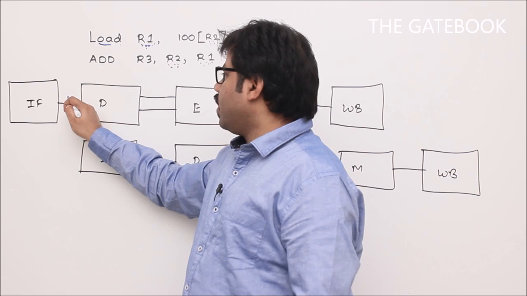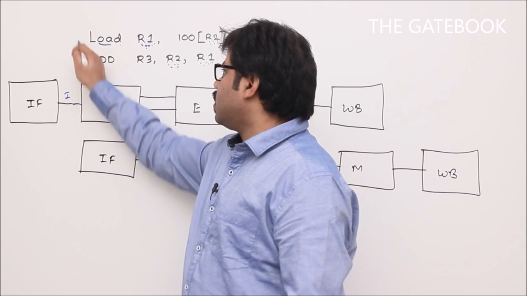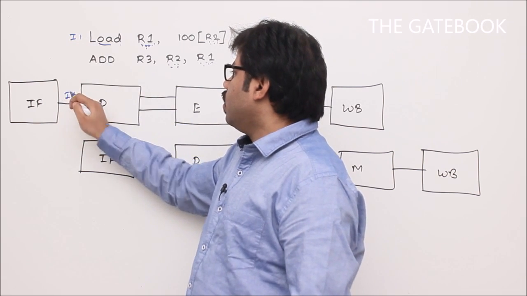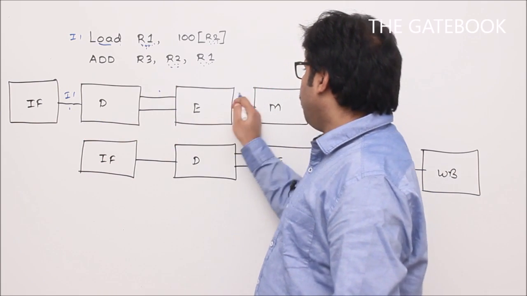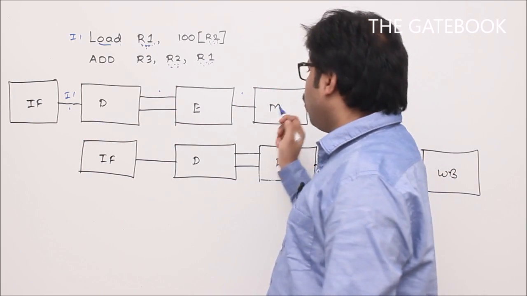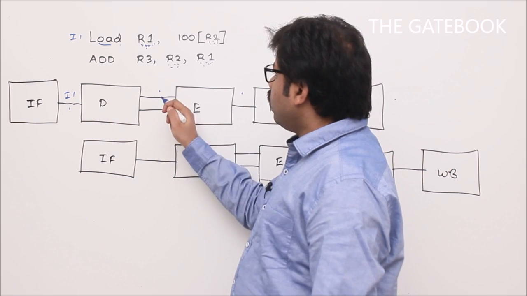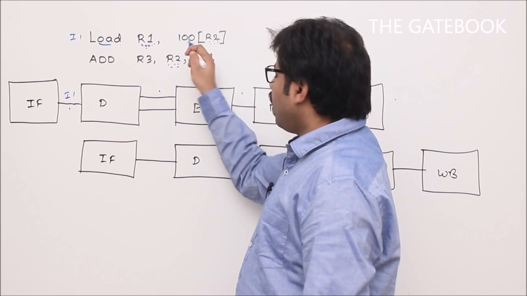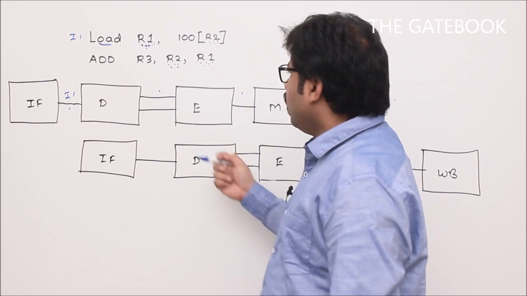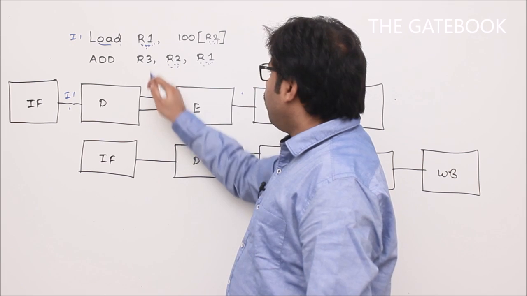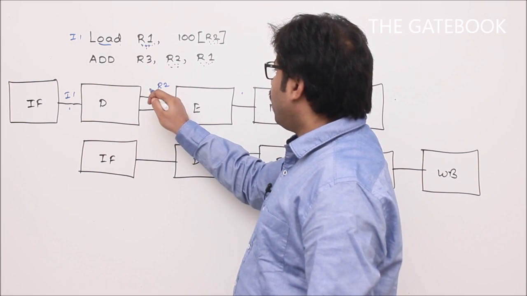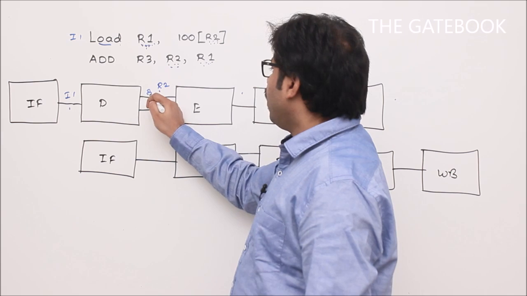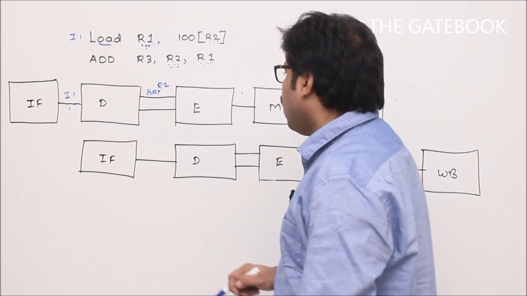So the instruction will be fetched here, right? You will be getting that instruction. Let us say I1 here. I am not showing the buffers, but you can assume that there is a buffer here, 4 buffers in that way. Now in the decode stage, what is going to happen? We will be reading all the identities. Probably we will be reading R2, the content of R2, and the address of R1.